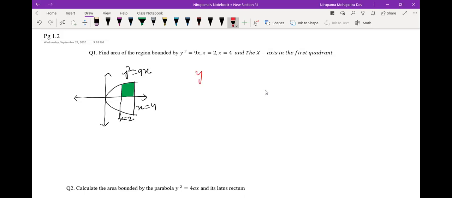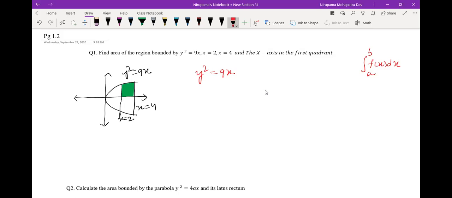We are given y square equal to 9x. Whenever you have to get the area of the shaded portion, the area of the required region by using integration, your function should be like this, with limit from a to b, in this case 2 to 4.